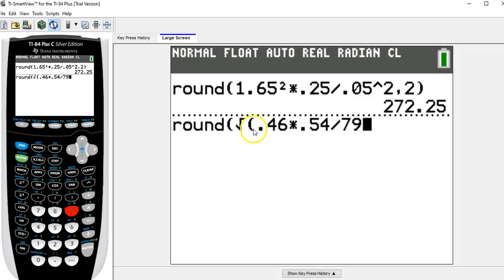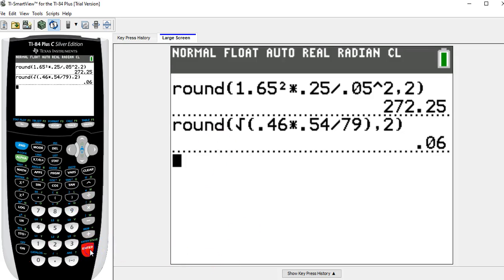Now notice that the square root started with a parentheses, and to close off the square root, I'm going to put a parentheses. That means that this entire quantity inside that parentheses is what we're taking the square root of. I want this rounded to 2 decimal places, comma, 2. Close the parentheses for the round, and when I hit enter, I get 0.06, correct to 2 decimal places.